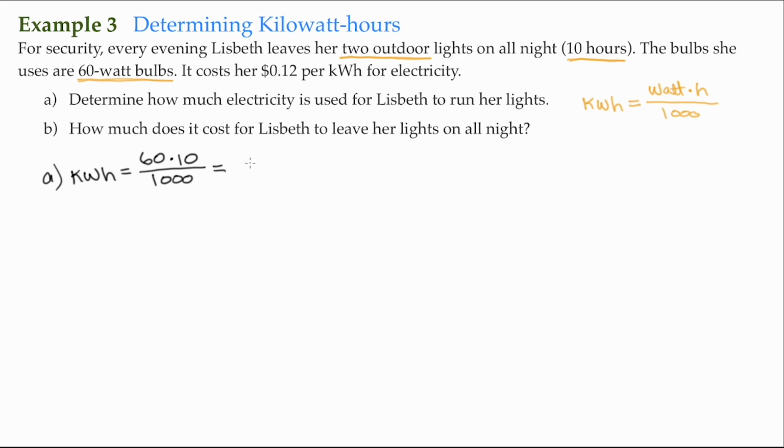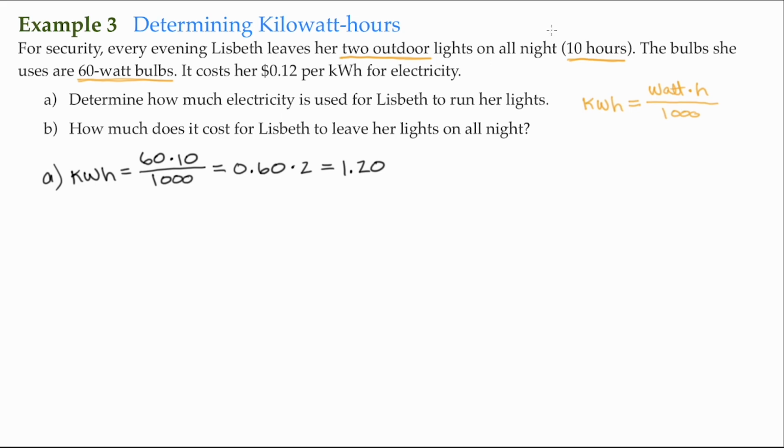So this comes out to be 0.60. But since she has 2 of them, we're just going to multiply this by 2 times 2. So that's 1.2 kilowatt hours that she uses per night for her bulbs to leave her porch lights on all night.